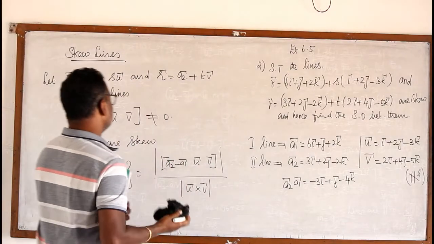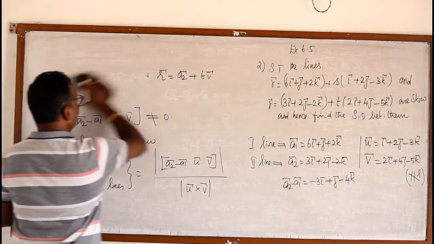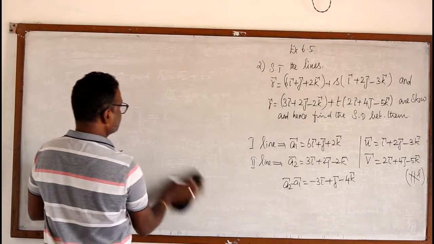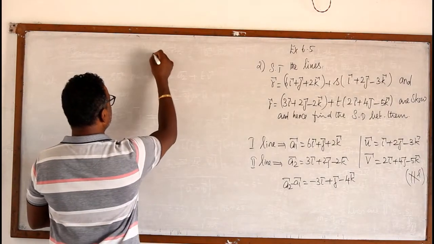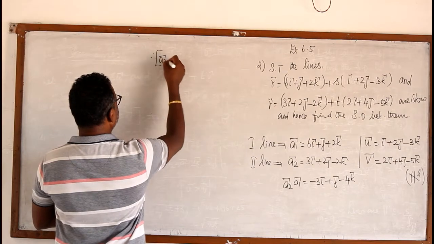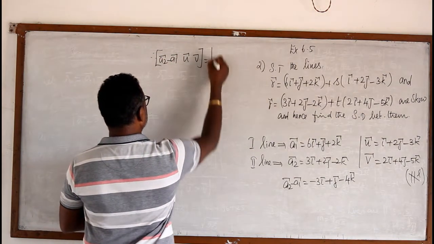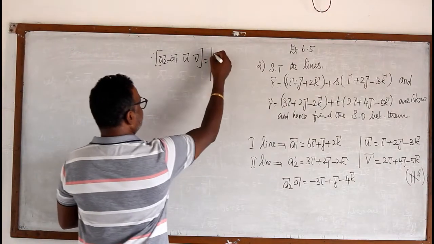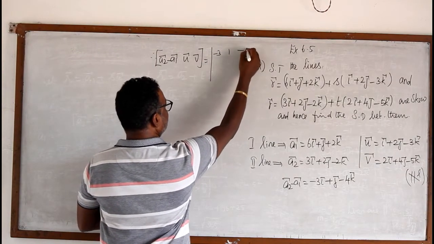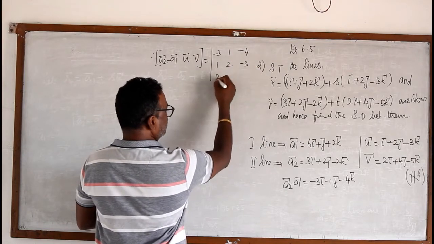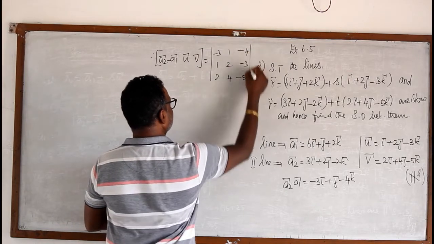So, we shall find the box product of a2 minus a1, u, v. Therefore, the box product equals the determinant, isn't it? Rows: minus 3, 1, minus 4; 1, 2, minus 3; 2, 4, minus 5.